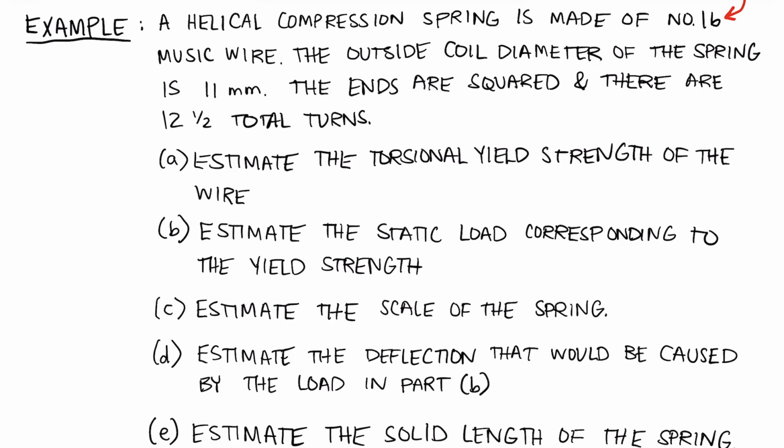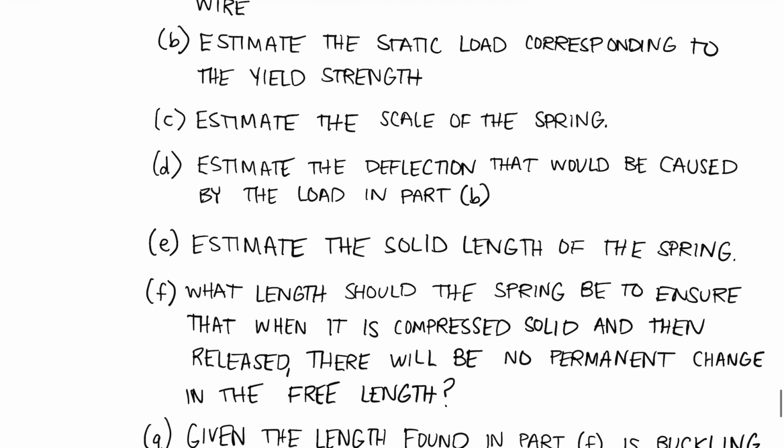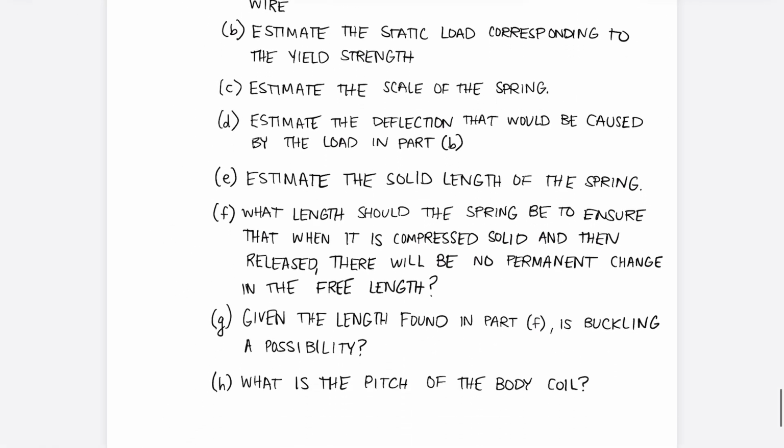So the ends have just been deformed so that we have the last coil flat against the surface. And there are 12.5 total turns. Okay, so let's move some of this stuff out of the way and get started with part A.